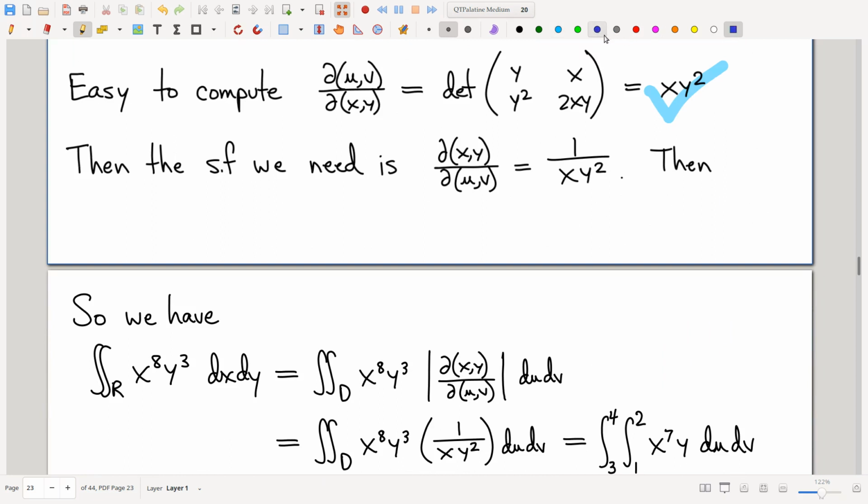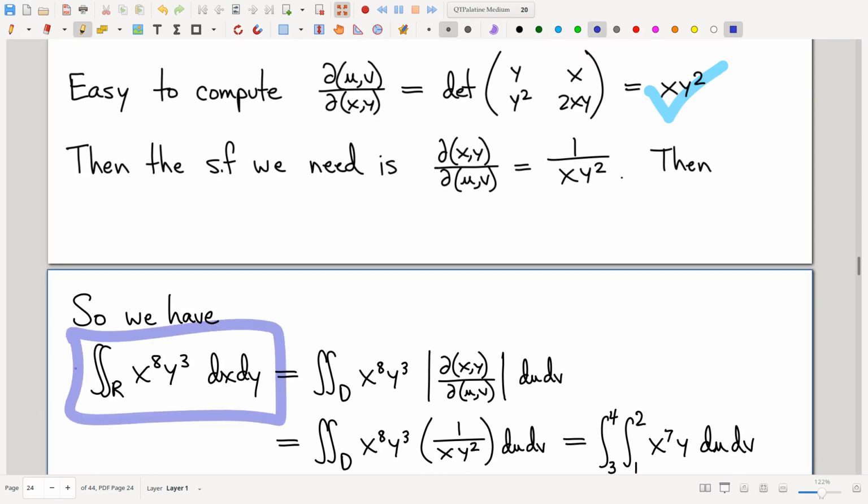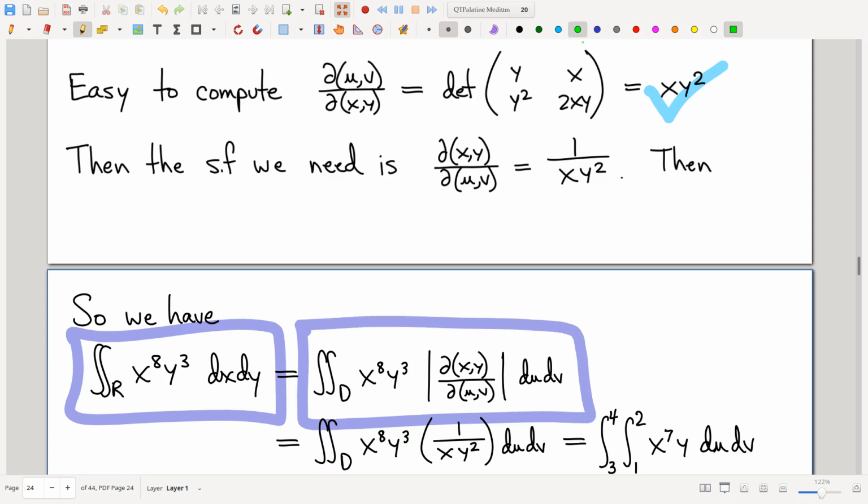Reminding ourselves that this is the integral I'm interested in. I want to rewrite that in terms of u and v, and now I have to ask the question, what is it that I would multiply here? What is the stretching factor that I need to insert? What is it that I'm going to multiply by du dv to get dx dy? Well, again, commit the math crime here, the victimless math crime.